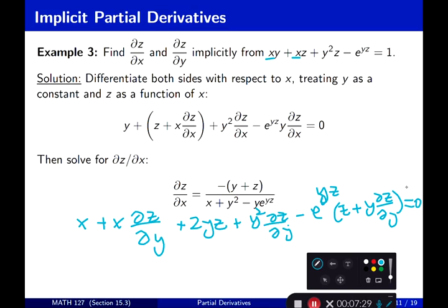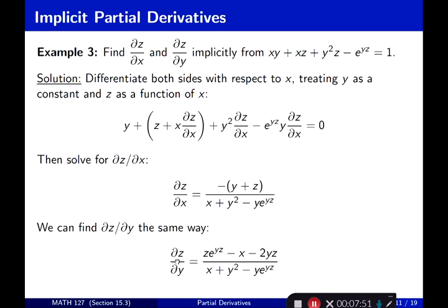Now again, you solve for partial of z with respect to y, remembering that you have to distribute here, and you get two terms. One has partial of z with respect to y, the other one doesn't. Put all the partials with respect to y on one side and solve.